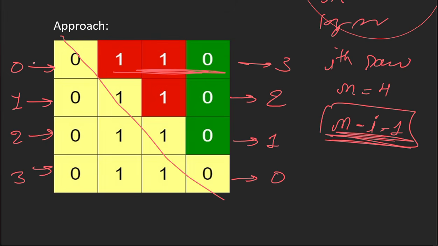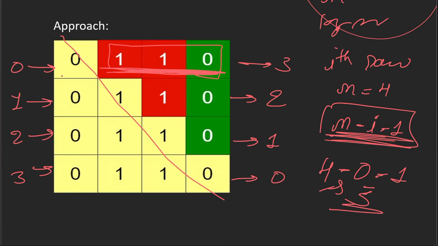See, this is the zeroth row, and for the zeroth row, n is the size, that is 4, minus i, which is 0, minus 1, so 3 zeros we want. For row number 1, we want 4 minus 1 minus 1, 2 zeros, right?